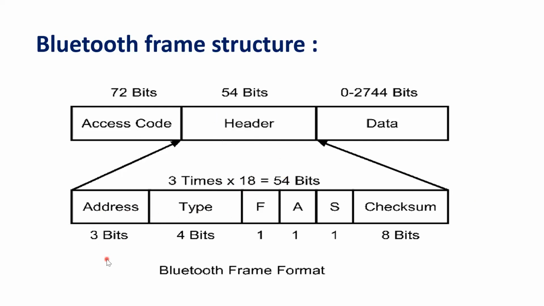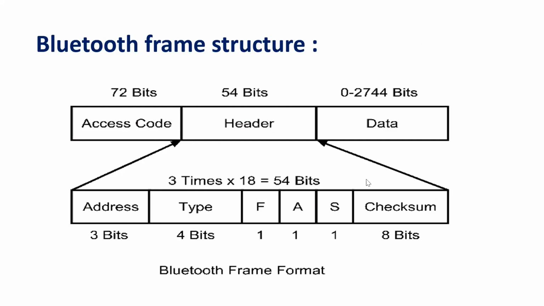One consists of a 3-bit address, a 4-bit type field, a 1-bit F field, a 1-bit A field, a 1-bit S field, and an 8-bit checksum field. So this is what is present in the header. This whole is the structure of the frame.